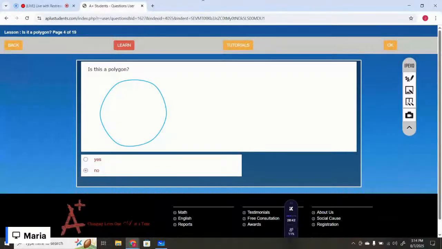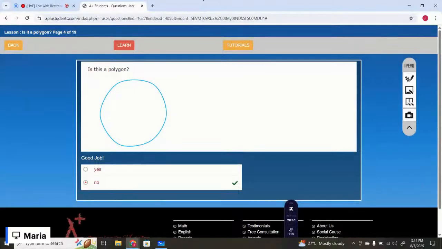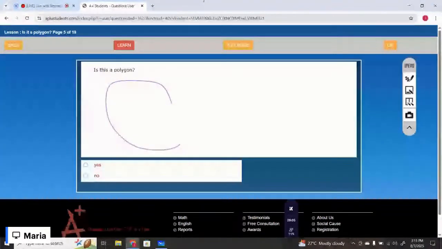No, that is not a polygon. No, that is not a polygon. The correct option is no.